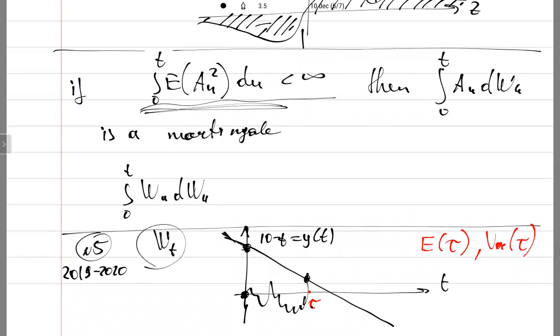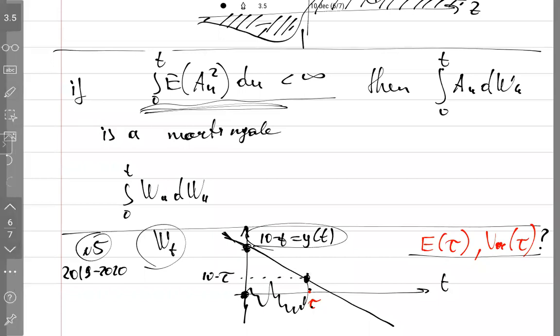Tau is a stopping time when we hit this line, the first moment when we hit the line, and the question is to find these two quantities. But when we hit this line, obviously the value W_tau is 10 minus tau. Yeah, okay. Thank you.